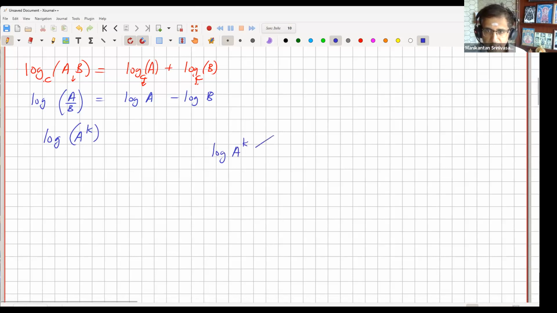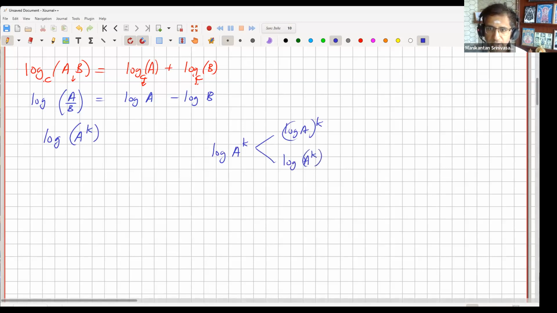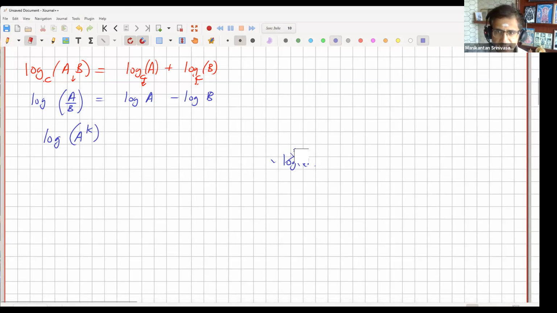Some people might interpret it as log A whole power K, and some people might interpret it as log of A power K. These two are not the same, and therefore you can have confusion. So always put brackets. So log of A power K is K times log A.